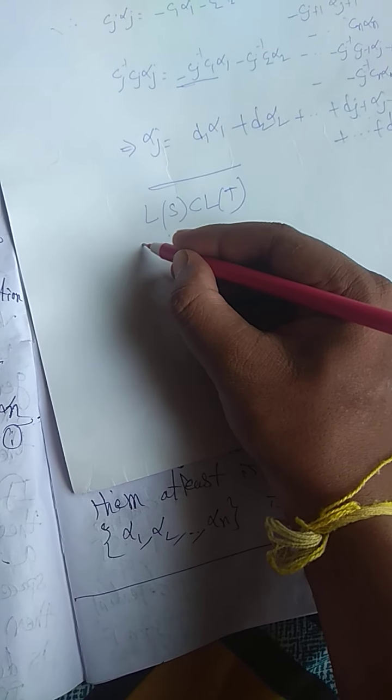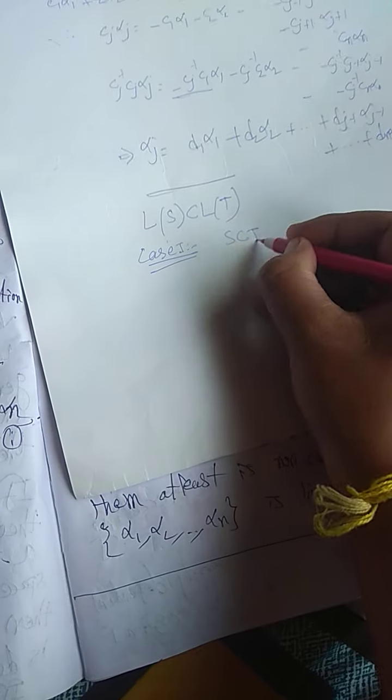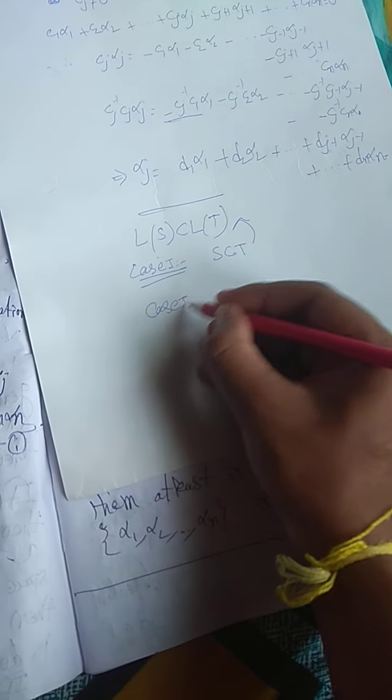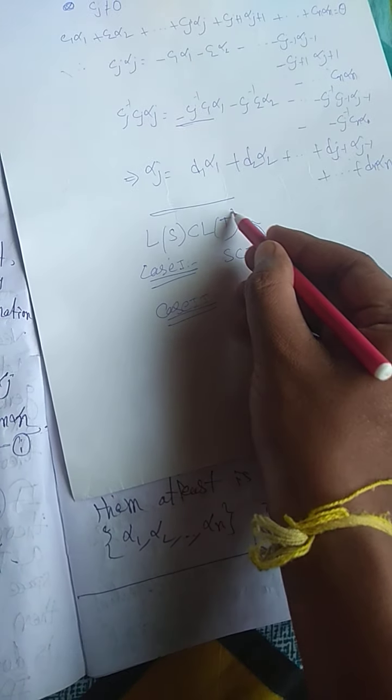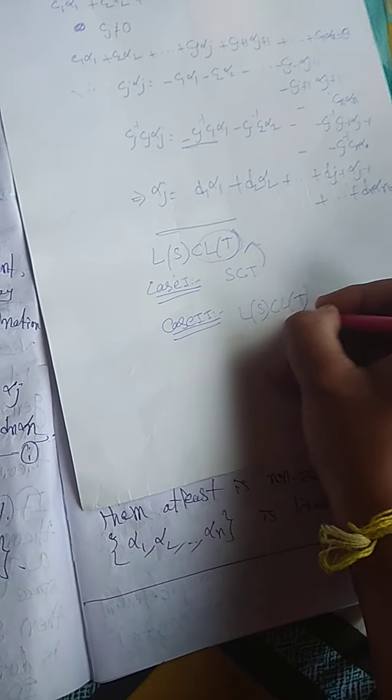Case 1, if S is a subset of T, then LS is a subset of LT, as simple as that. Case 2, if a vector of S is a linear combination of vectors of T, then also you can say LS is a subset of LT. Clear?